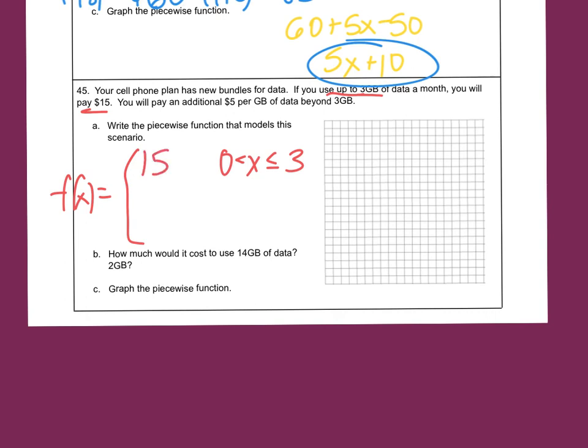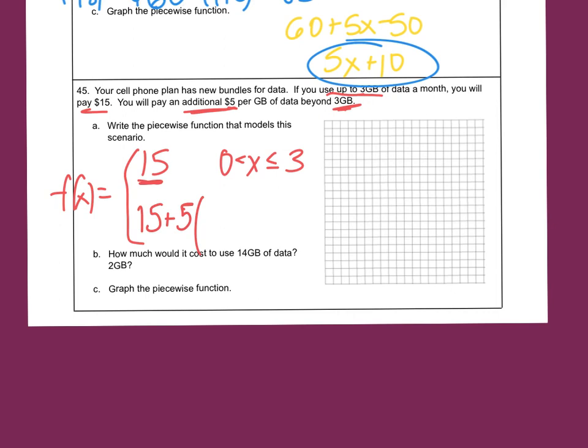And then it says you will pay an additional $5 per gigabyte of data beyond 3 gigabytes. So this one's also one you got to think about. If I used up to 3, I had to pay this $15. This $5 just says additional, so I'm still paying the 15 plus $5 times what?